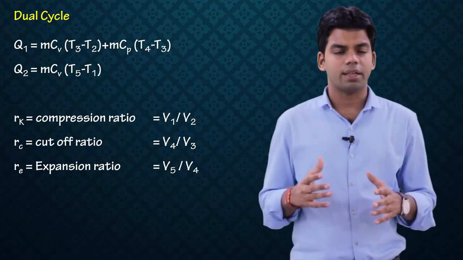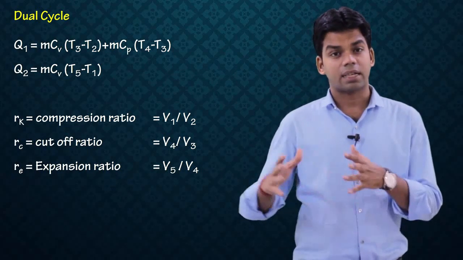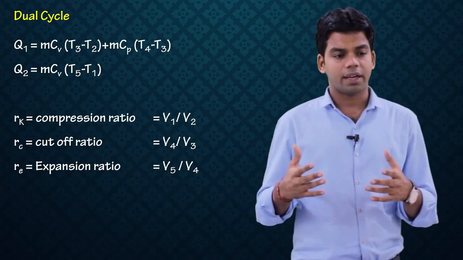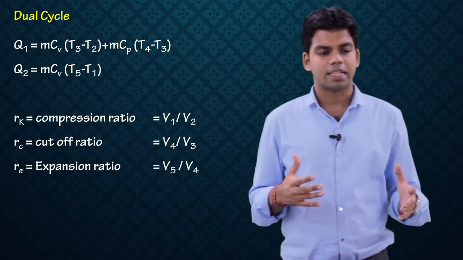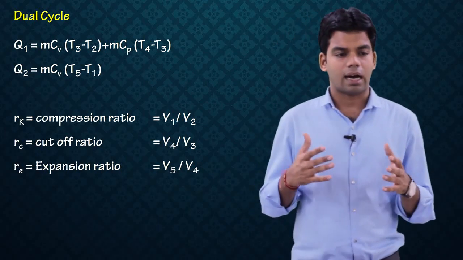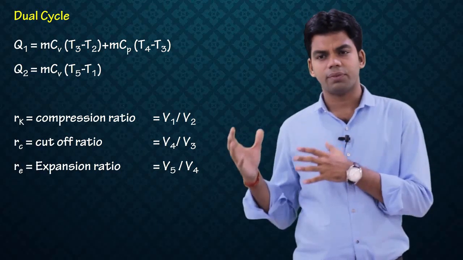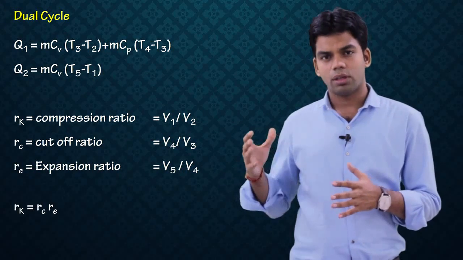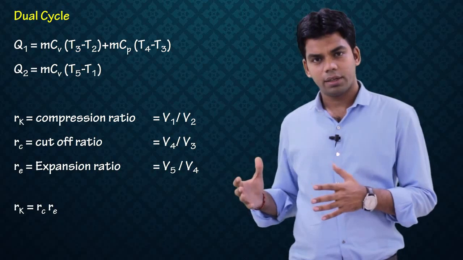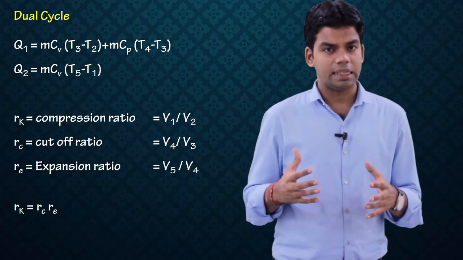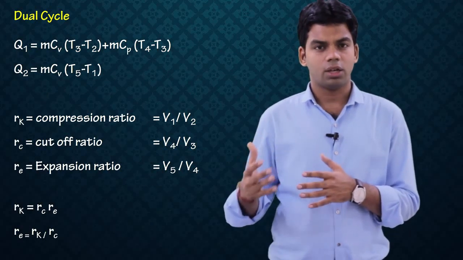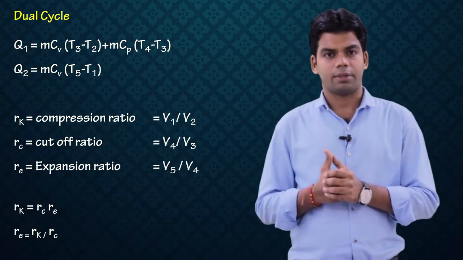Process 3-4-5 is the expansion process, and as I told you, it is the ratio of higher volume to lower volume. So V5 by V4 is nothing but the expansion ratio, called RE. One thing we can draw from here is that total RK is equal to RC into RE. So if you want to determine the value of the expansion ratio RE, it will be the ratio of the compression ratio RK to the cutoff ratio RC.